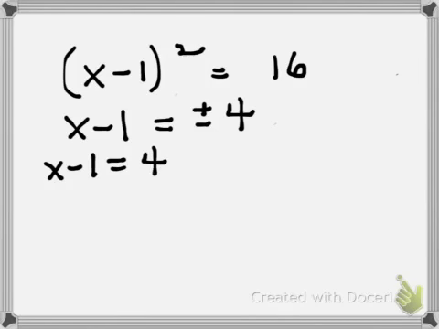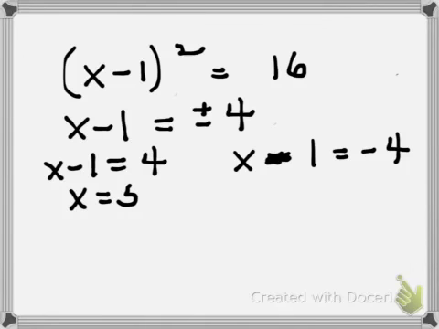x minus 1 equals positive 4. x minus 1 equals negative 4. And then if I add 1 to each, I'm getting two solutions, 5 and negative 3.